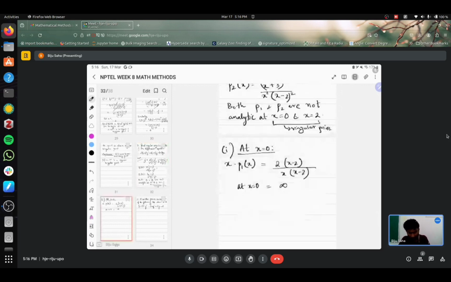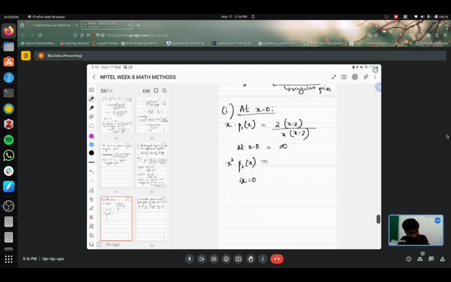That immediately says that you don't even have to check the next condition, that is x square P2(x). Even if that does not diverge to infinity, you can conclude that x equal to 0 is not a regular singular point.